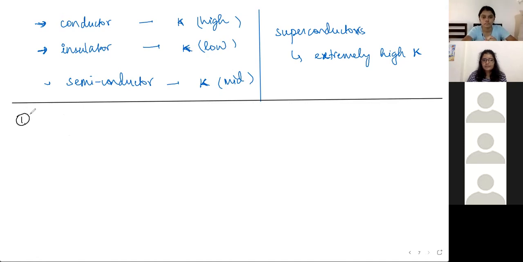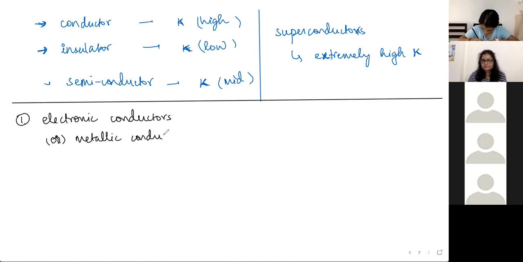The first type of conductors are electronic conductors, also called metallic conductors. So the key is in the word electronic.